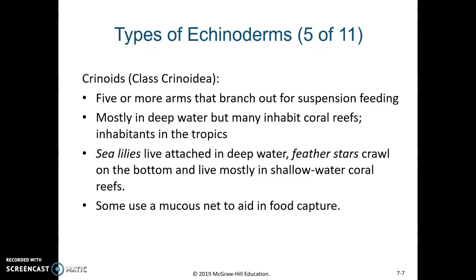What's true about these guys is that they have 5 or more arms that branch out for suspension feeding. So they've basically got those arms out there, and when food particles go by, they grab those food particles, and using their tube feet, they move those food particles down towards their mouth.